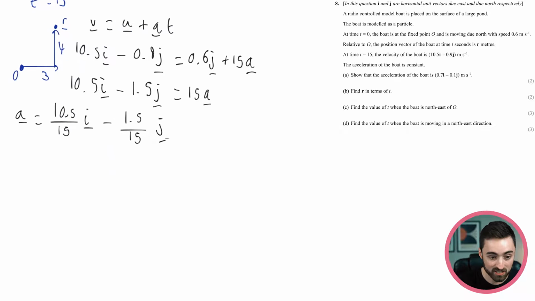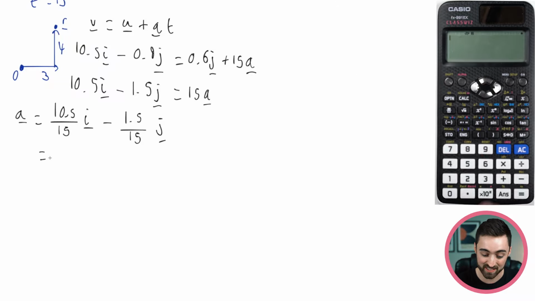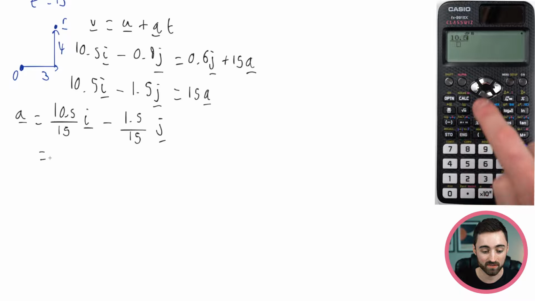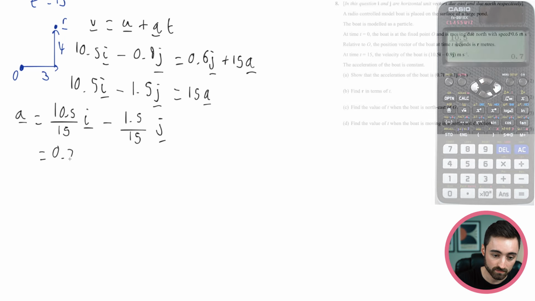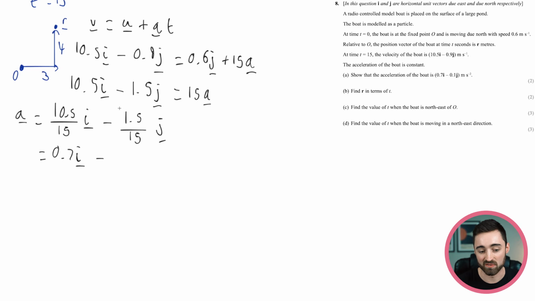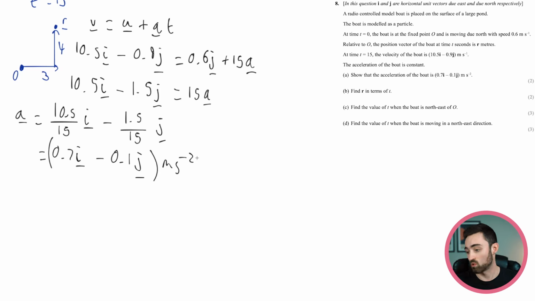Now, I have already mentioned that I have no interest in impressing you with my mental math skills, so I'm going to do 10.5 over 15, which is going to get me 0.7. And then 1.5 over 15 is going to be 0.1, isn't it? So hopefully the answer is 0.7i minus 0.1j, and then obviously units are going to be meters per second squared.